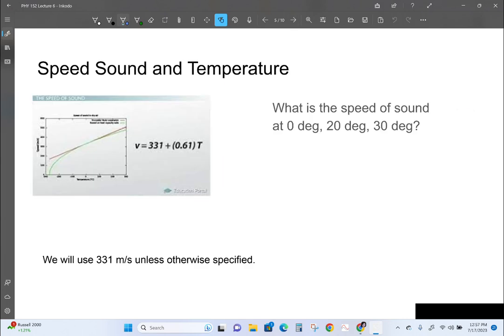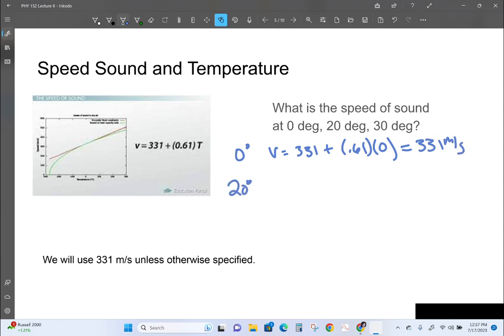Also, the speed of sound depends on the temperature of the air, because that affects the density and the bulk modulus of the air. And so it turns out that at 0 degrees, the speed would be 331 plus 0.61 times 0, or 331 meters per second.